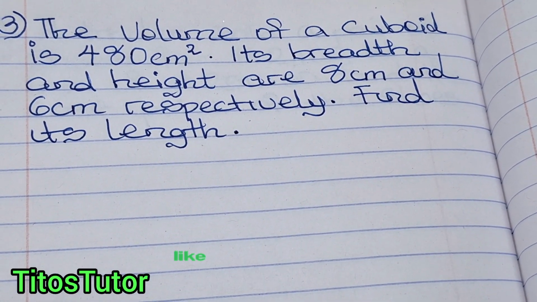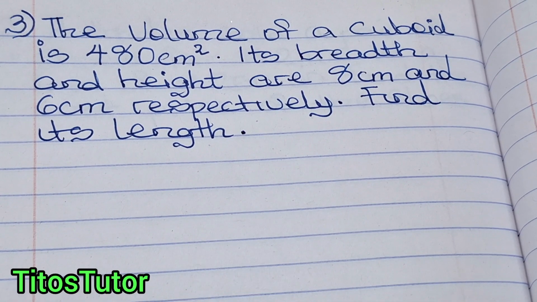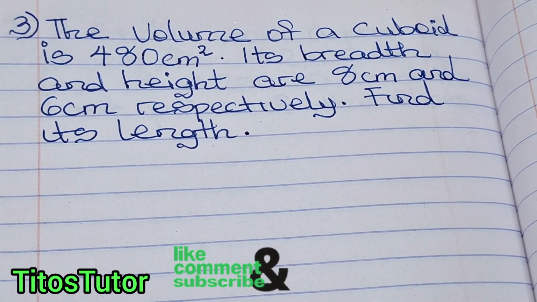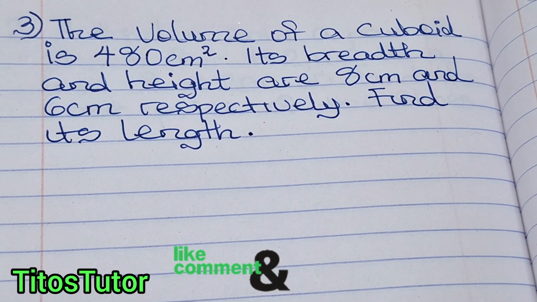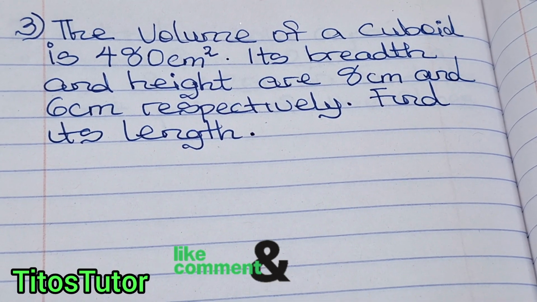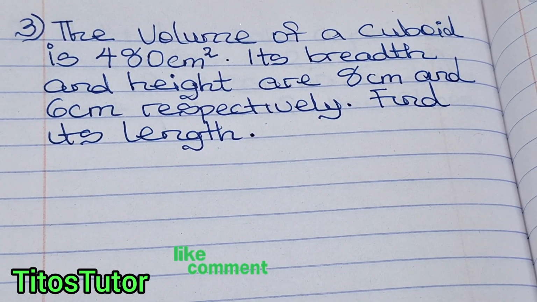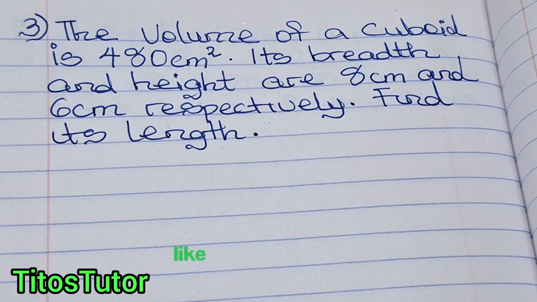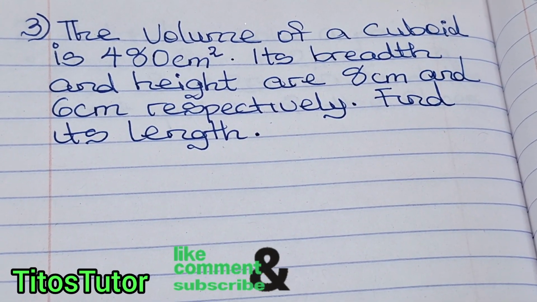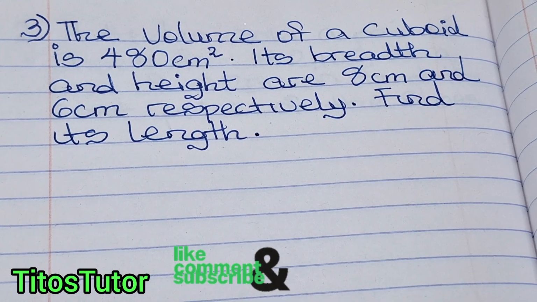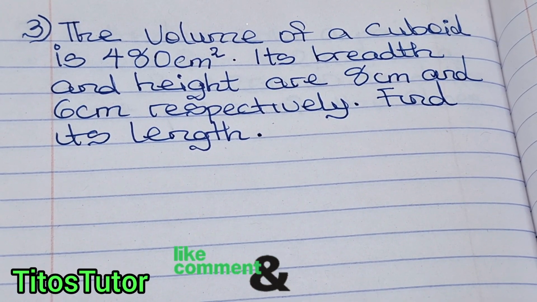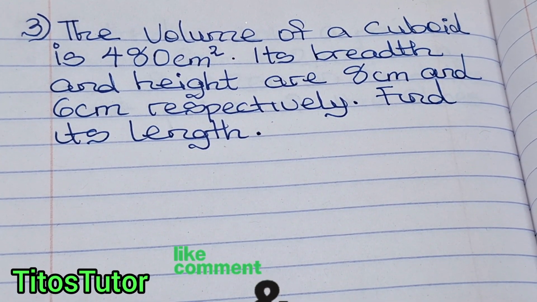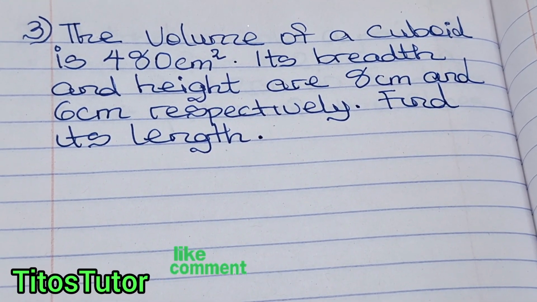Here's our third question. It says, the volume of a cuboid is 480 cm square. Its breadth and height are 8 cm and 6 cm respectively. Find the length. The first thing you do is write down the formula for calculating volume of a cuboid.